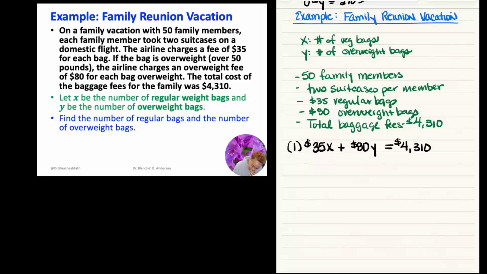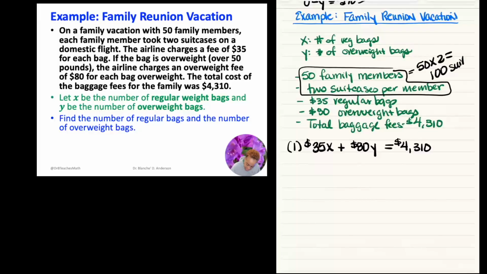If each person took 2 suitcases, how many total suitcases is that? Good, that's going to be 100. That's 50 times 2, which is 100 suitcases. So that's part of our count.